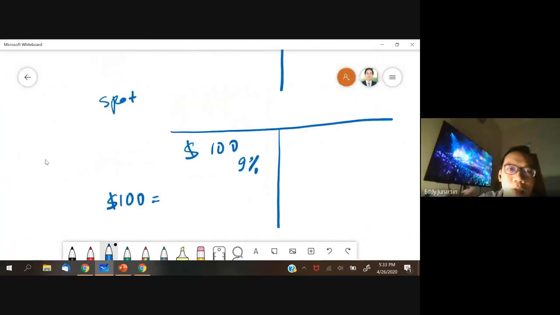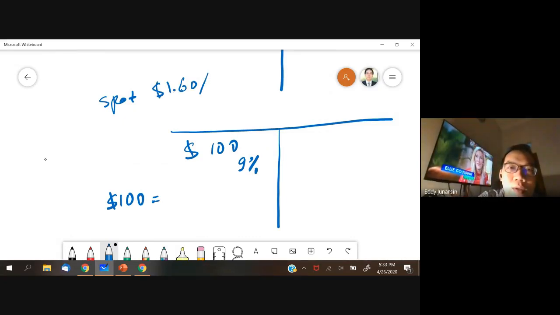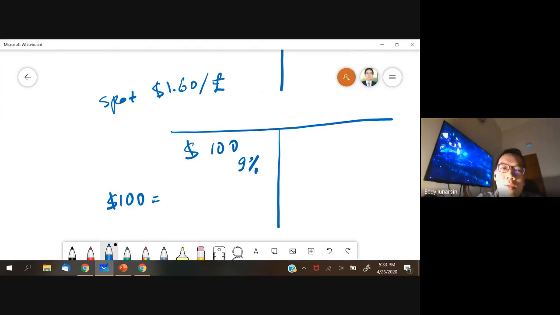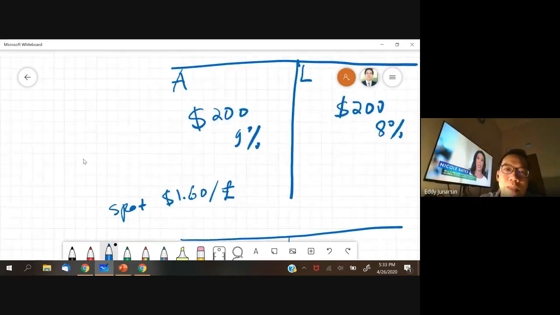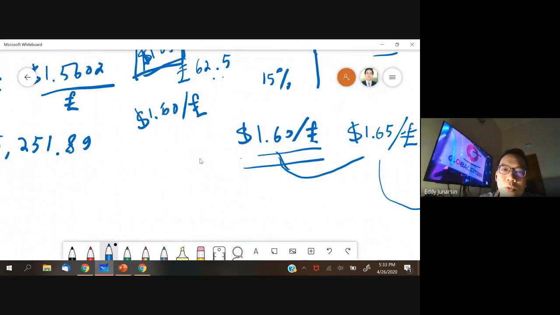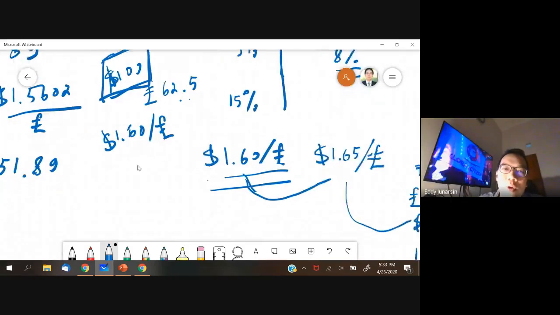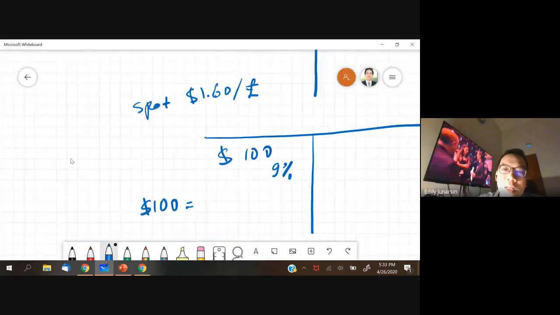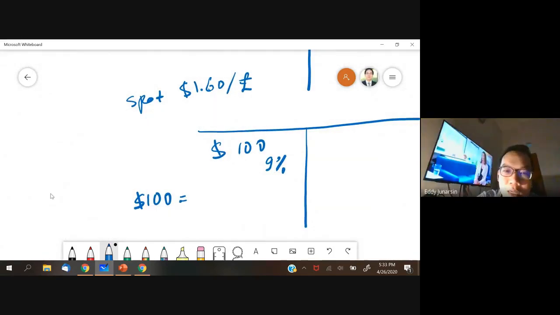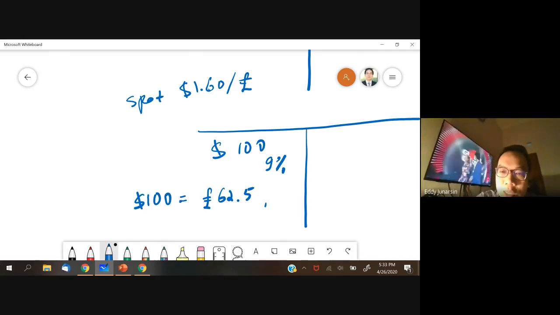So with the spot rate of 160, 100 million, again, we calculated above, I think, would be converted to this one, right? 62.5. So 100 divided by 160. So our asset would be 62.5 million. And this would give us 15% return, right?